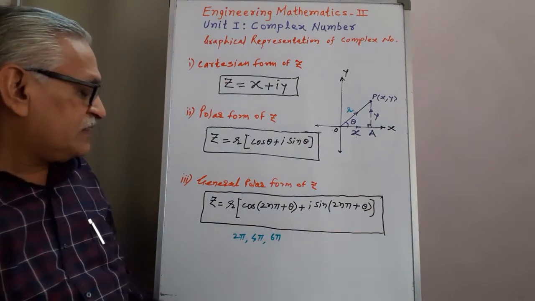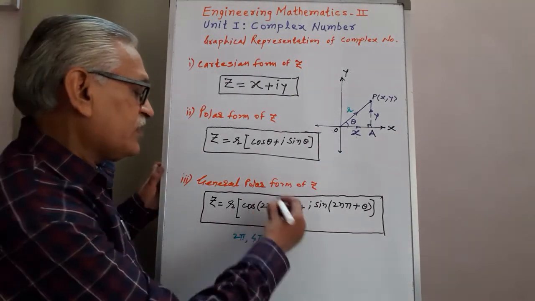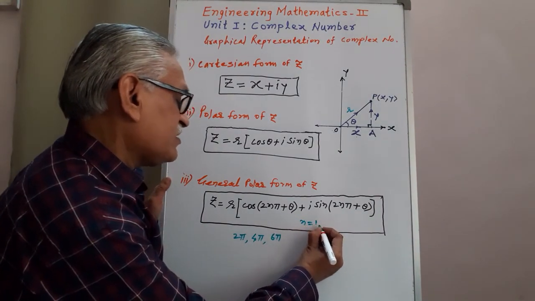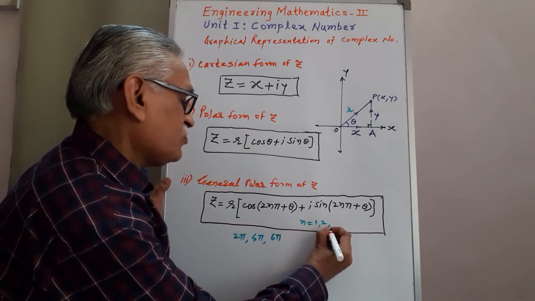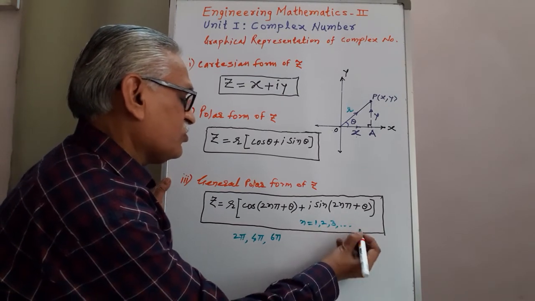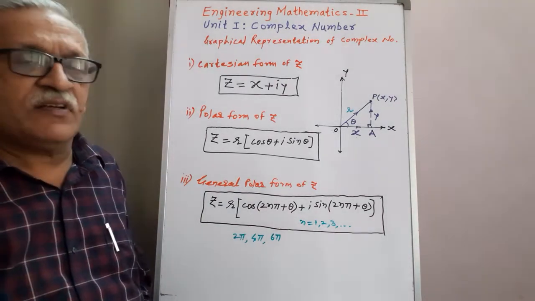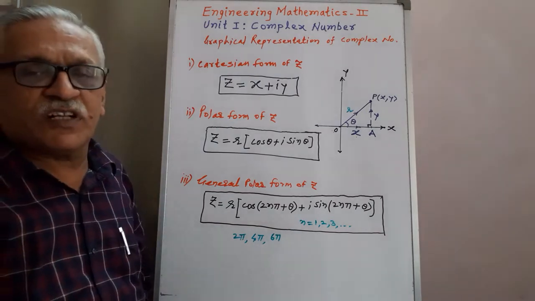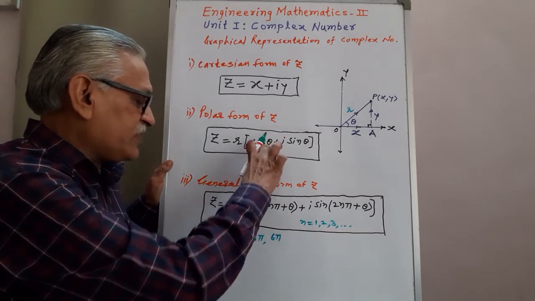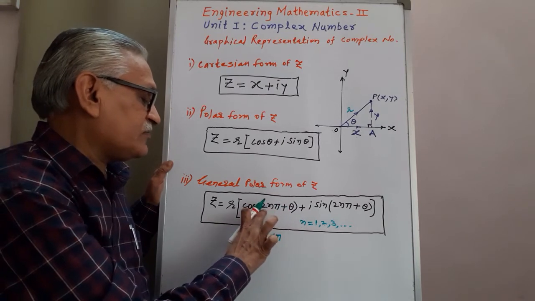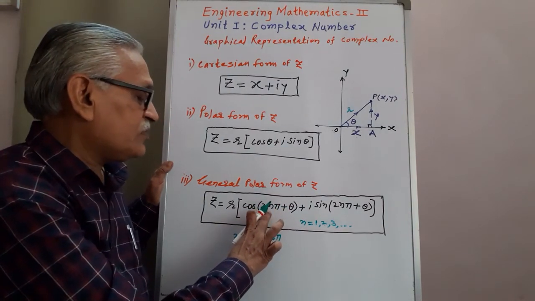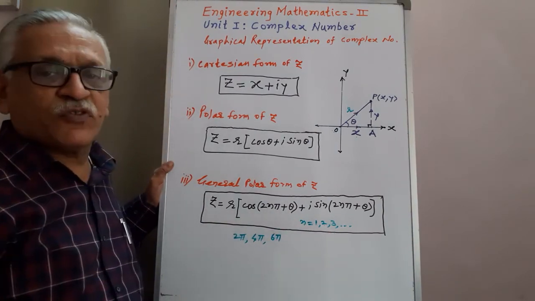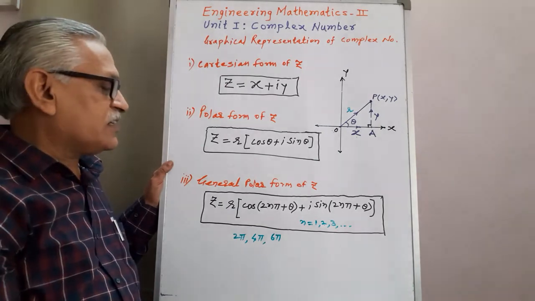If we rotate it by 6 pi like this, that is, if we put n equals 1, 2, 3, and so on, we get the same vector OP for every rotation. Therefore, if we replace theta by a multiple of 2 pi, 2n pi, with n equal to 1, 2, 3, we get the same position, and that form is called the general polar form.